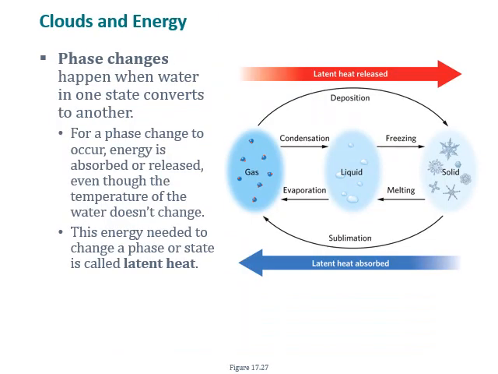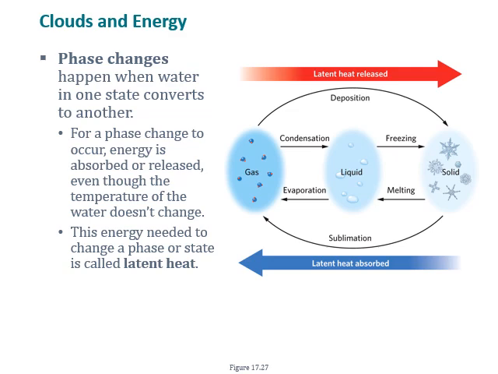The discussion of different types of precipitation brings us to a discussion of energy. Specifically, phase changes occur when water converts from one state to another. When phase changes occur, going from a liquid to a solid, or a solid to a liquid, or either to a gas, energy is absorbed or released, even though the temperature of the water doesn't change.